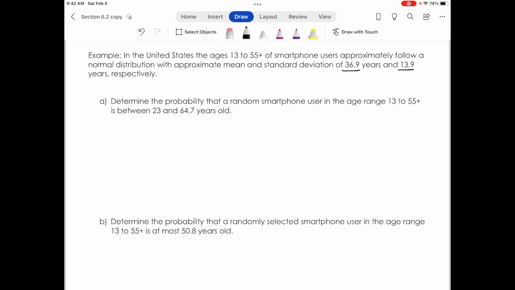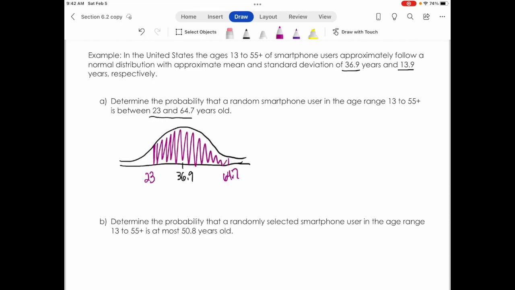So in part A, we want to find the probability that when we pick someone in this age range, they're between 23 and 64.7 years old. So if we look at our picture, our mean is in the center, which is 36.9. We want to find the probability that the person that we randomly pick is between 23 and 64.7 years old.